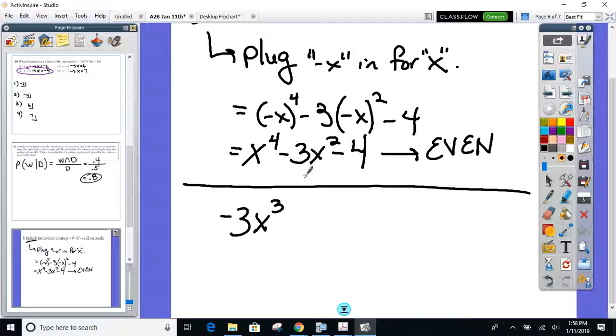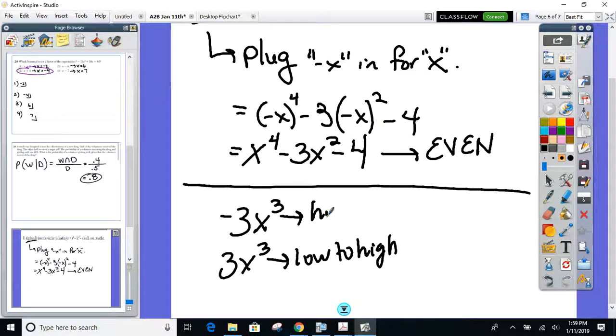High to low. And the reason it's high to low is the negative. Because now do 3x to the third, it'll go low to high. Guys, this has nothing to do with whether the whole function's even or odd. The highest exponent will tell you how it starts and ends, though. Yes, Don.